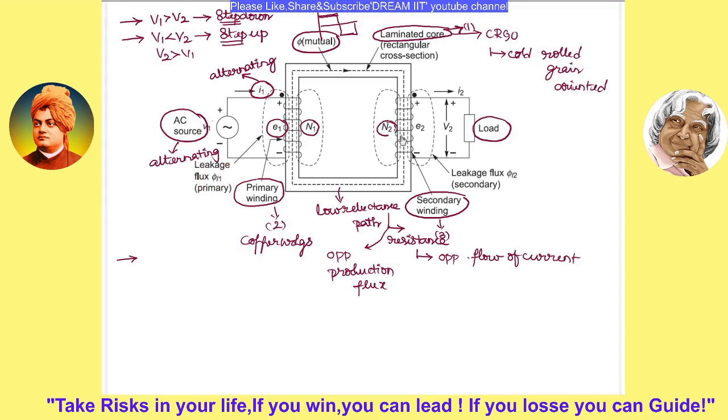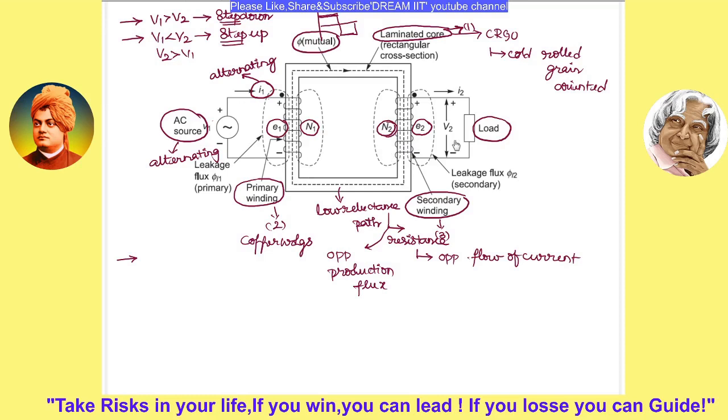So now let us come to the working principle. Whenever you connect an AC source on the primary winding side, an alternating current flows through the primary winding, flux is produced, travels through the magnetic core and links with the secondary winding. Because of the linking with the secondary winding, an EMF E2 is produced in the secondary winding according to Faraday's laws of electromagnetic induction.